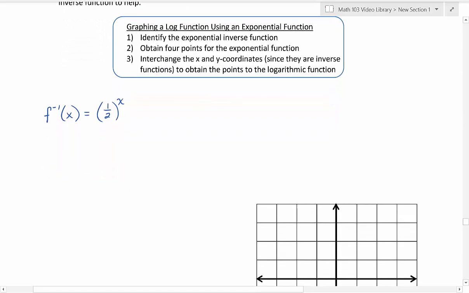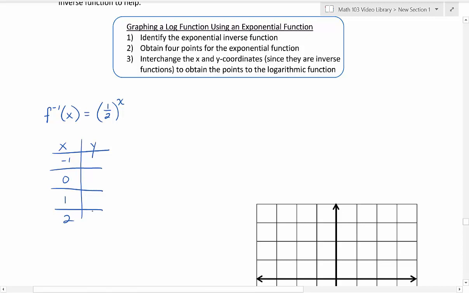We'll make an XY chart to get our 4 points for this inverse function. We'll choose the same x values as we always have for exponential functions, -1, 0, 1, and 2.